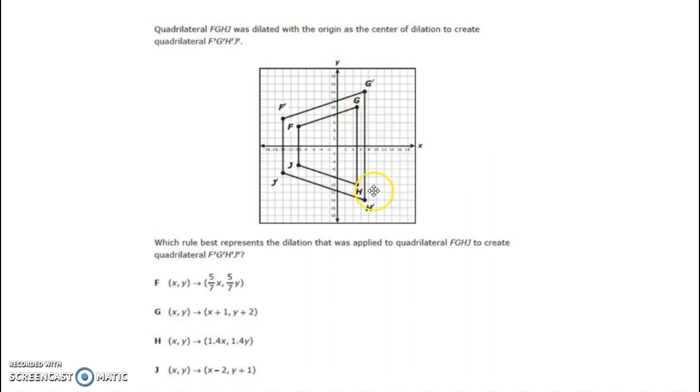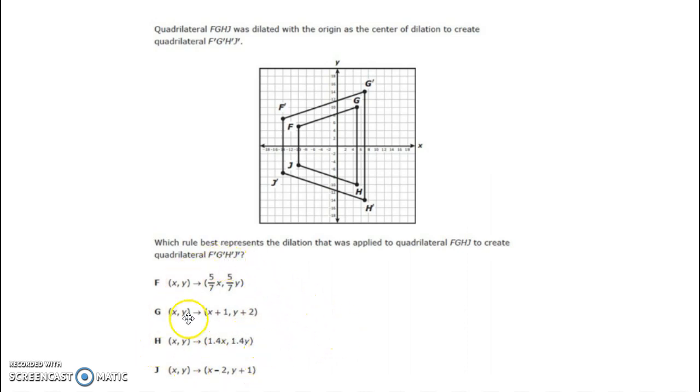And this one's 1, 2, ... 13, 14. So 14 divided by 10. What do you get when you take 14 divided by 10? You should get 1.4. So that will give us H.